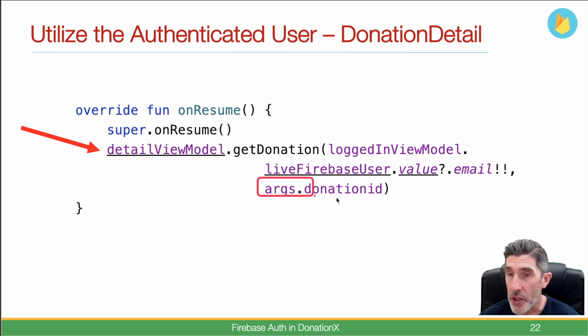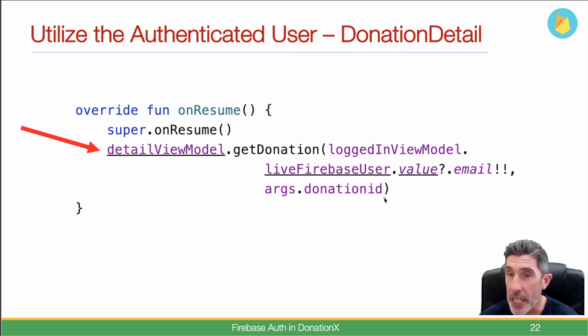Also there's our args.donation ID. We will have covered our safe args. This has been passed directly from the report screen to the donation detail via those safe args, all done through the nav graph, and we would have set up that particular function.